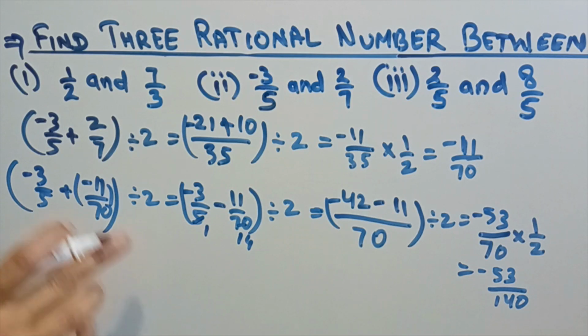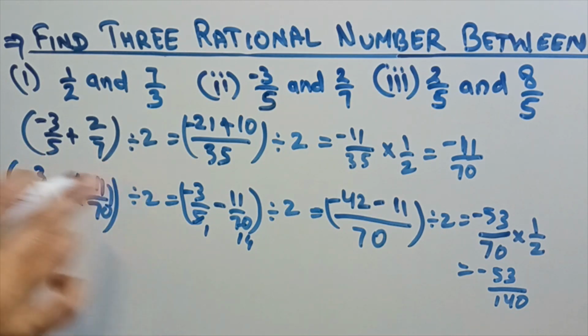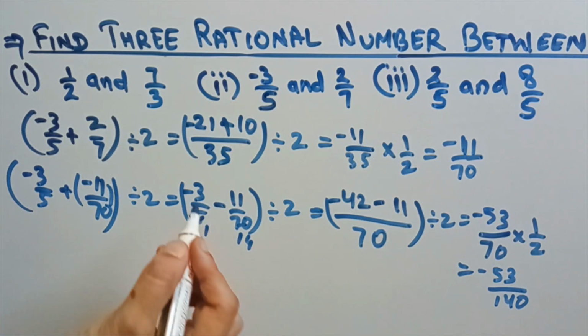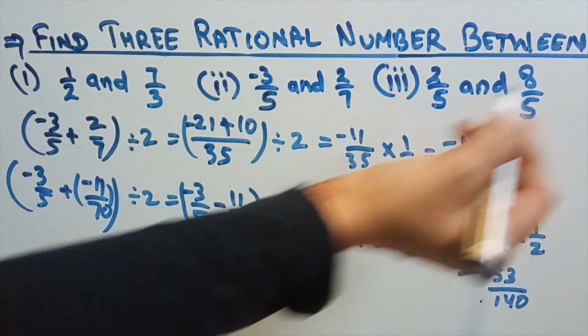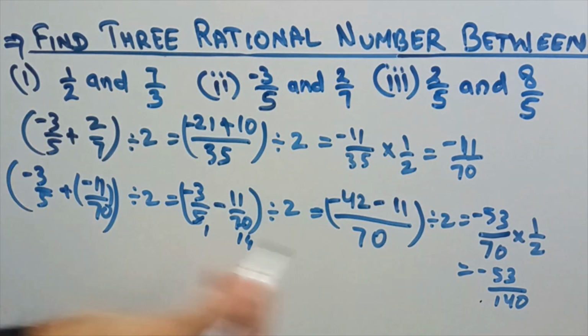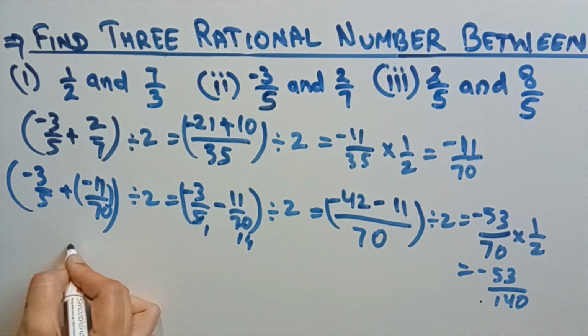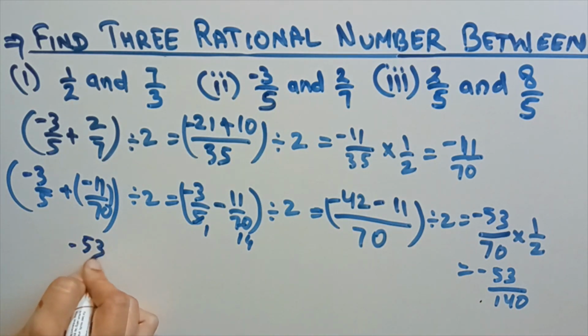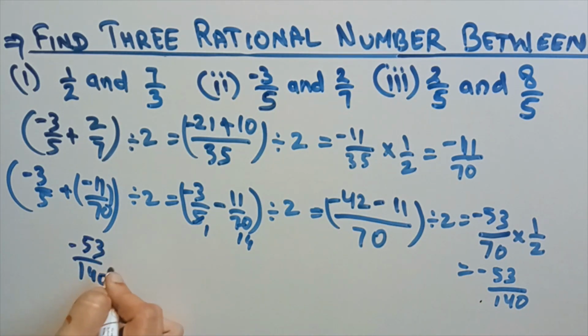Now I am taking, see, already I have taken these two numbers. Now I will take this number with the last number. This is 2 by 7. So minus 53 by 140. Any pair you can take, any pair.